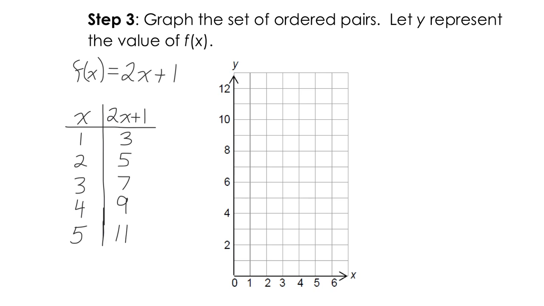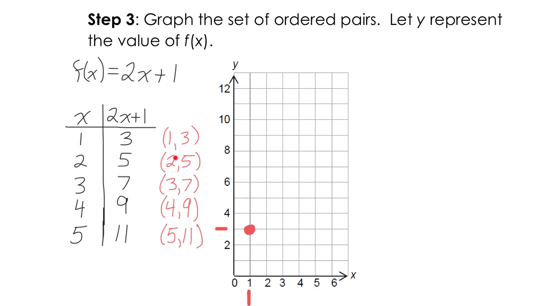All right, the next step is to turn the table into a set of ordered pairs. So I just took my x and y values and wrote them as x and y coordinates. So when I have a point (1, 3) on my graph, that's when x is 1, y is 3. The point goes here.